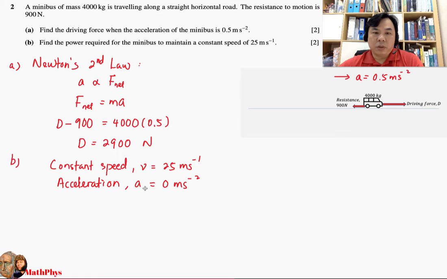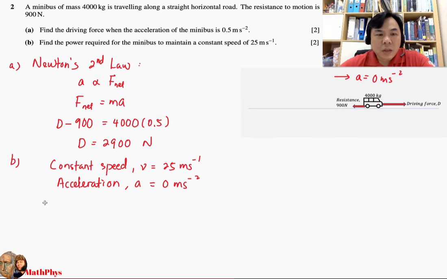So now the acceleration is 0. Right? So I'm going to erase this. Instead of having 0.5, it should be 0 meter per second square now. I mean that is maintaining its speed uniformly.